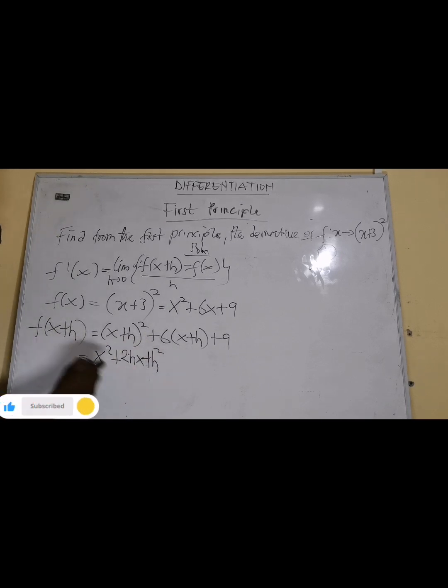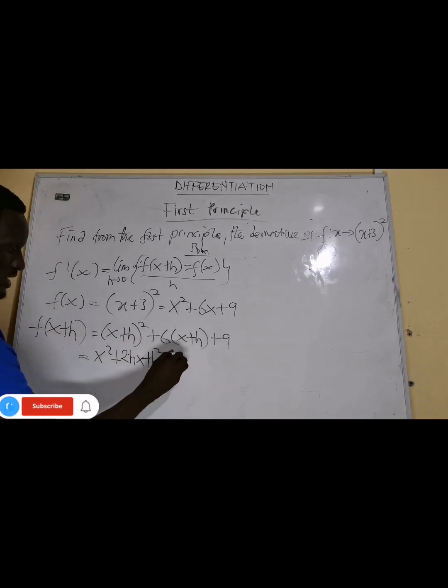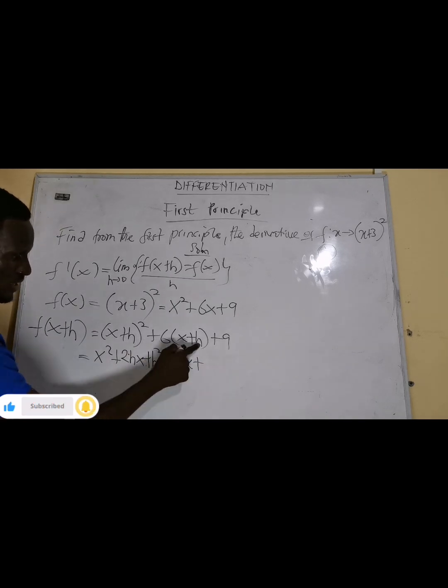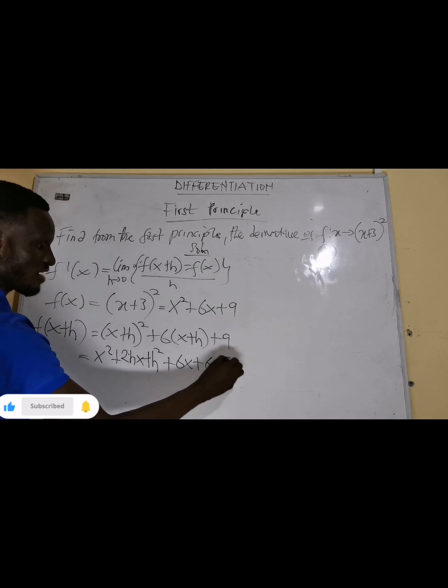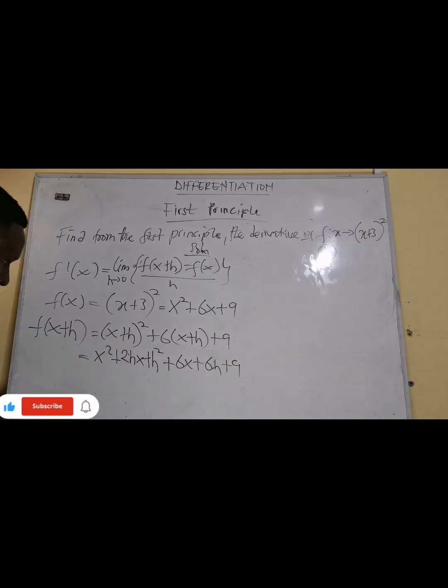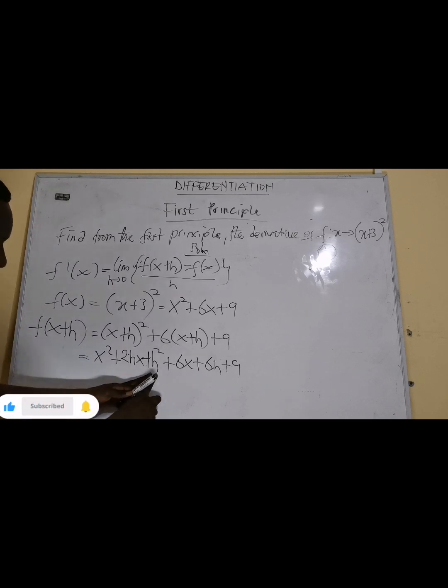Now this is the expansion of this. Plus, let's multiply this one: 6 times h will give us 6h. And then we have plus 9. Do we have any like terms here? We don't have like terms. This one is x squared, this one is 2hx, this one is h squared. We don't have any like terms.